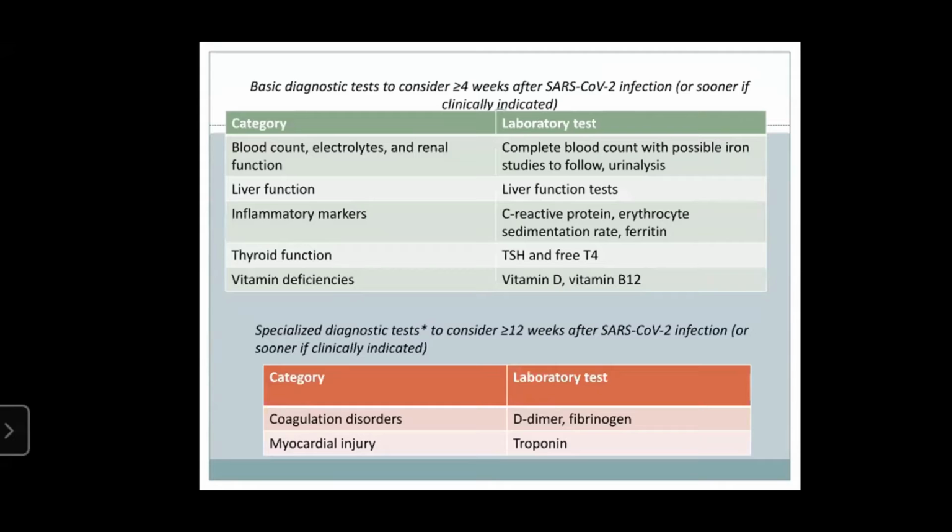So these are the examples of lab investigations that we can send. Baseline FBC, electrolytes, renal function test, liver function test, inflammatory markers, and thyroid function test if the patient presented with palpitation. And then we can send D-dimer, fibrinogen, and also to rule out emergency cases, we may send cardiac biomarkers.